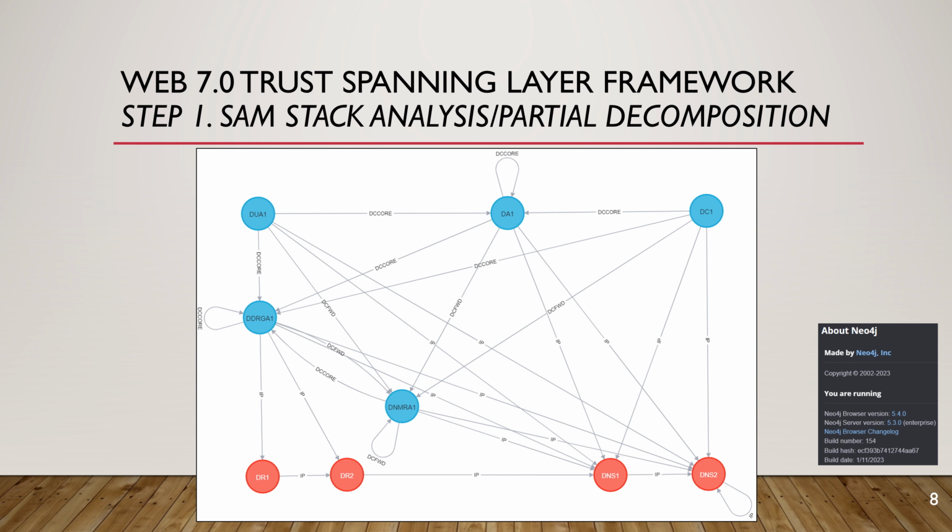And so the red dots at the bottom, the red vertices at the bottom, those correspond to what I call the internet services, the ones that don't speak DIDComm. And so on the left, we have the pair of DID registries, DR1 and DR2. And on the right, we have the pair of DNS servers, DNS1 and DNS2.